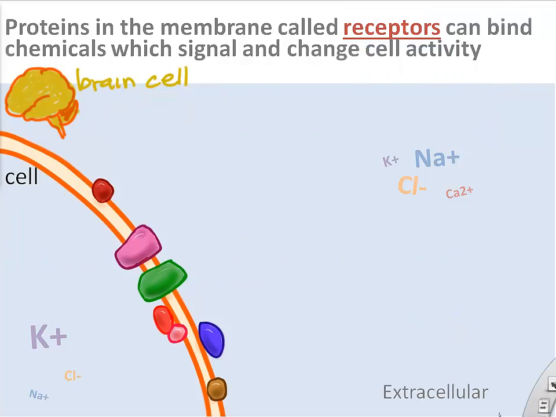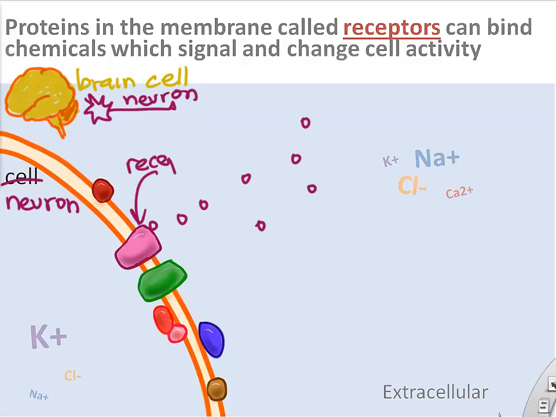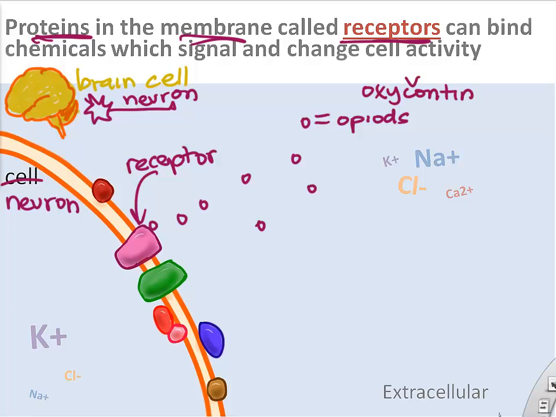Again, the reason I talk about receptors is because they're often drug targets, and they're often targets for chemicals that our cells use to communicate. An example is in your brain cells called neurons, there are receptors which bind a chemical called opioids. You might know synthetic opioids as Vicodin and OxyContin.